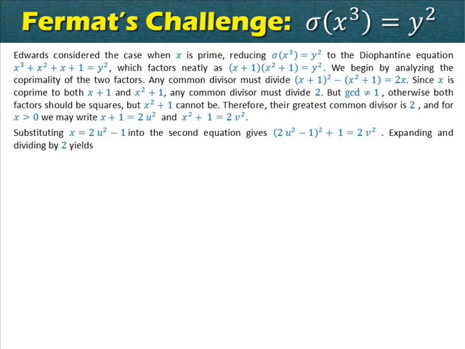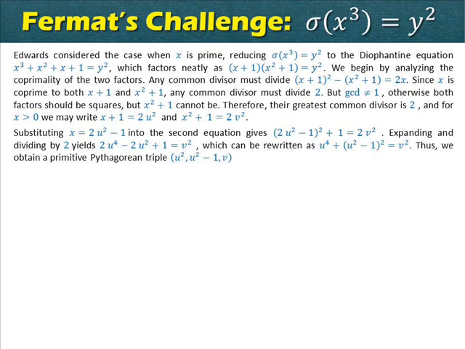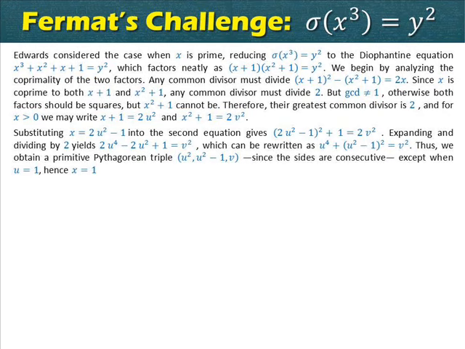Expanding and dividing by 2 yields this expression, which can be rewritten as u raised to the fourth plus the square of (u squared minus 1) equals v squared. Thus, we obtain a primitive Pythagorean triple, since the sides are consecutive, except when u equals 1, hence x equals 1, and the trivial solution 1 cubed plus 1 squared plus 1 plus 1 equals 2 squared.